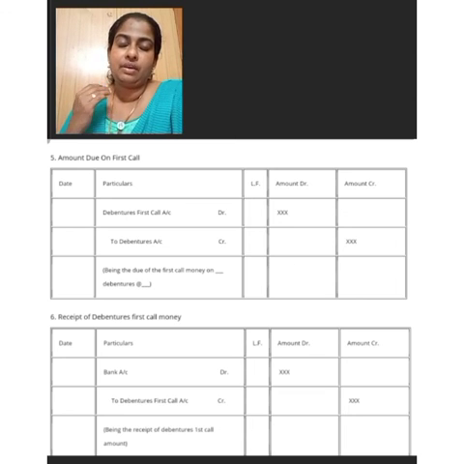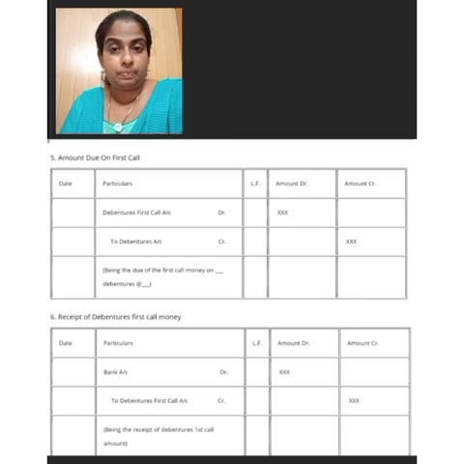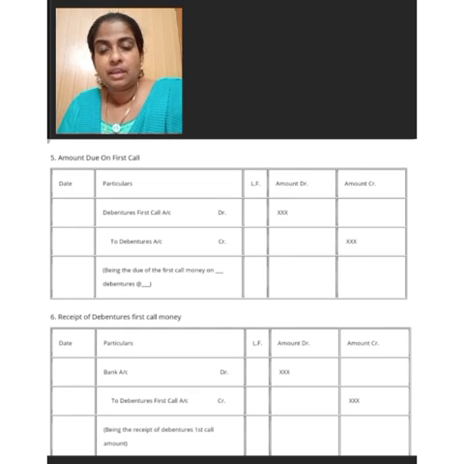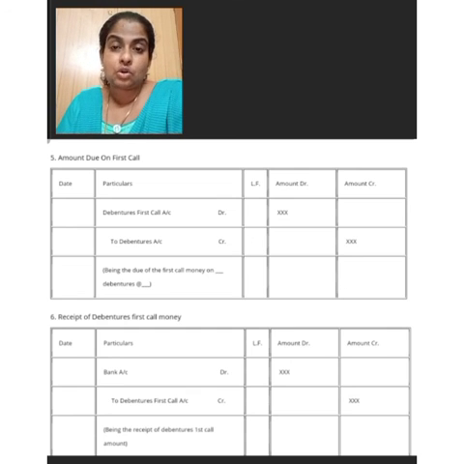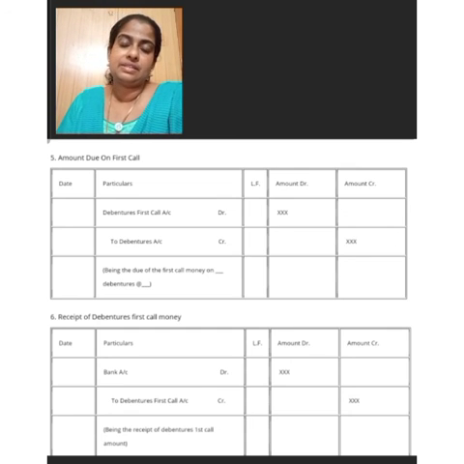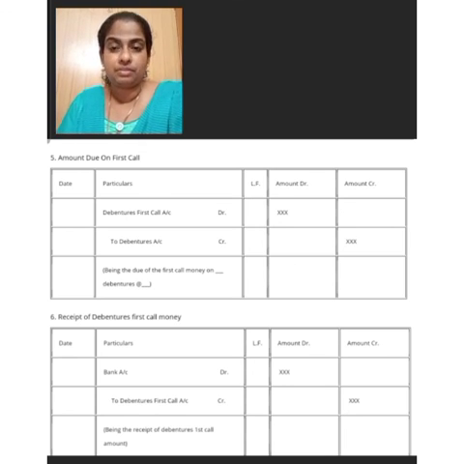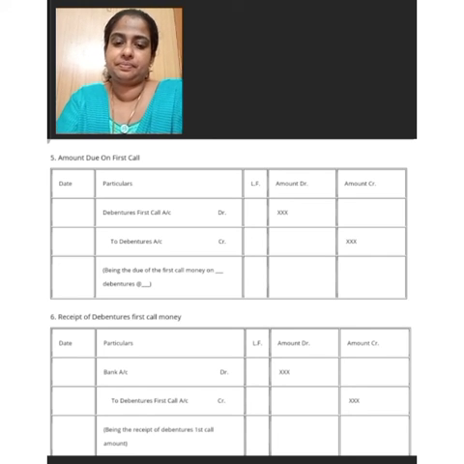Then we write the journal entry for allotment money due. Then write the journal entry for allotment money received. Then the last two entries are first call money due, and then first call money received. These are the journal entries to be passed in the books of the company at the time of issuing debentures. Thank you.